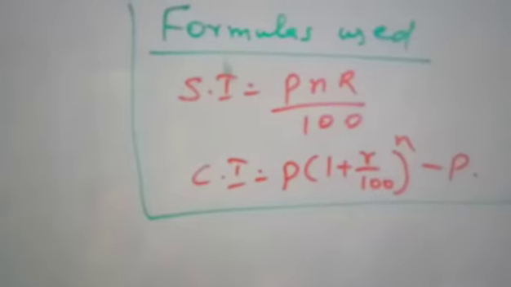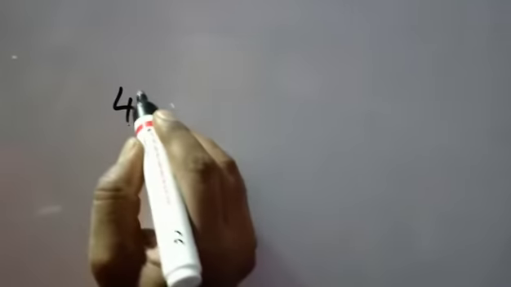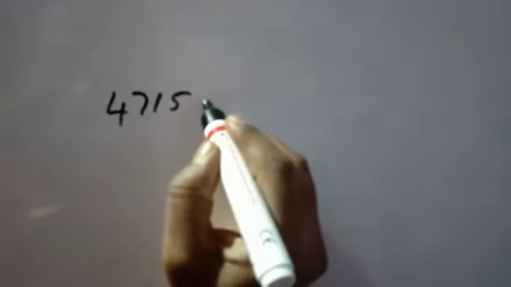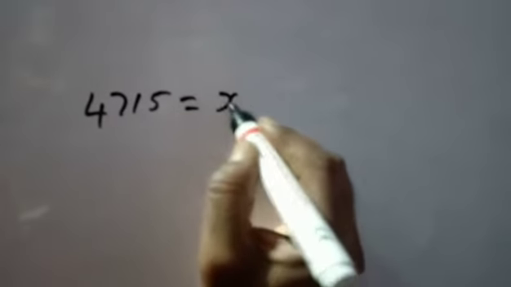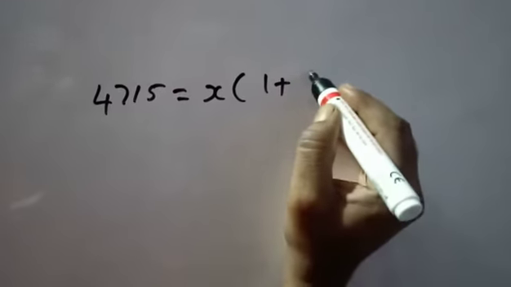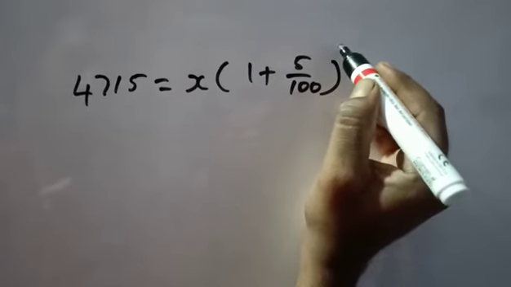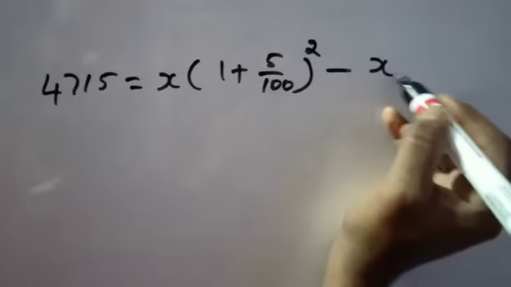As per the formula, compound interest equal to P into (1 plus R by 100) power n minus P. So we have 4715 equal to x into (1 plus 5 by 100) power 2 minus x.